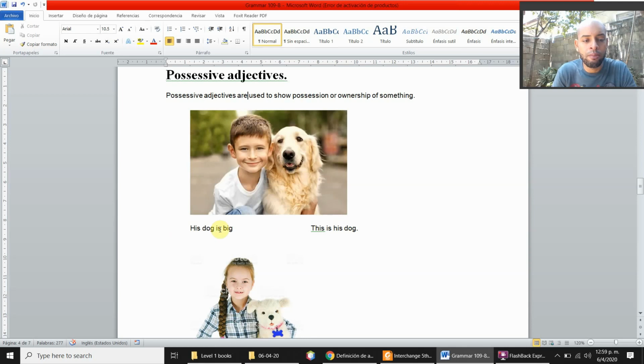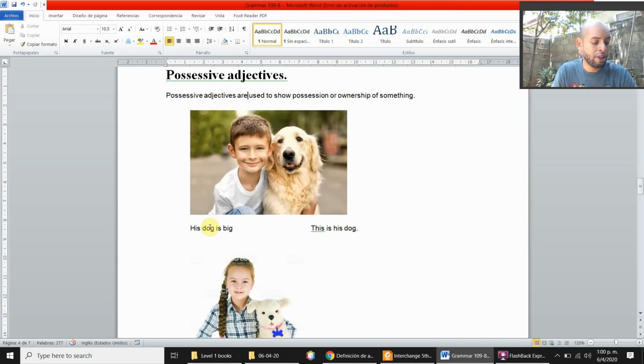This might mean representing ownership of things like cell phones, notebooks, pens. It can also represent possession of animals like dogs or cats or chickens. It can also represent ownership of areas like my house or my land, my property.